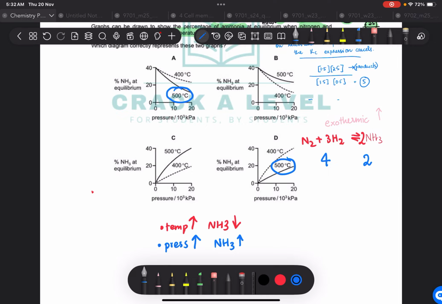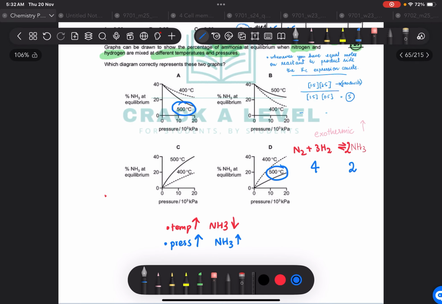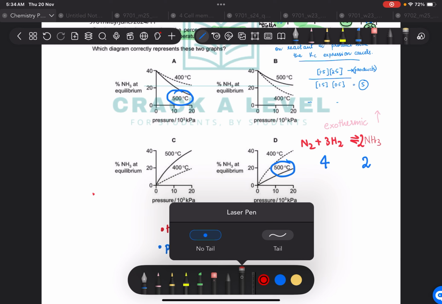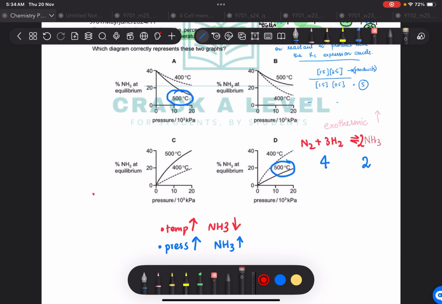What should happen? What's basically happening is that when we are increasing the pressure, ammonia is decreasing. So simply, look, if we increase the pressure, our ammonia should also increase.